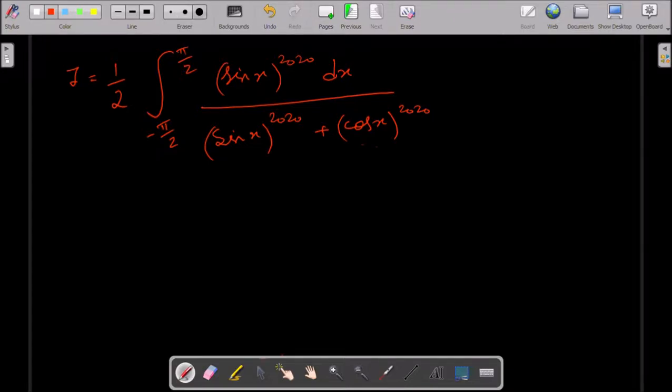Now we will use another definite integration formula, or we can say definite integration property. Let us say that I equals f of x.